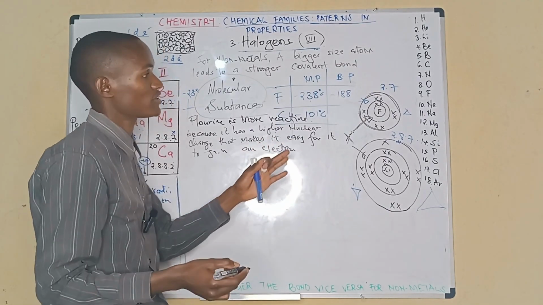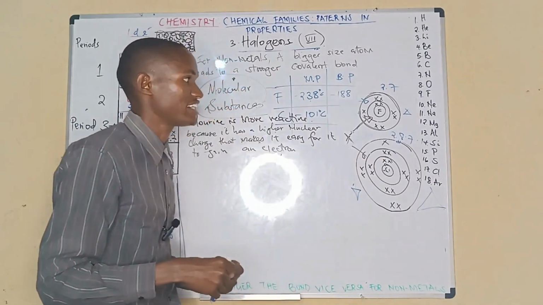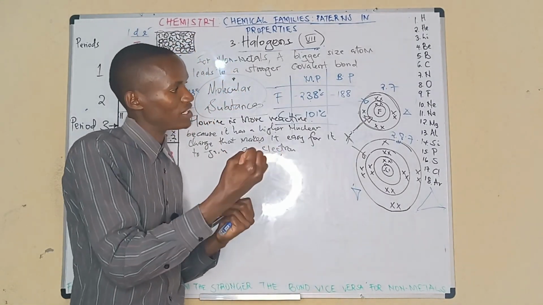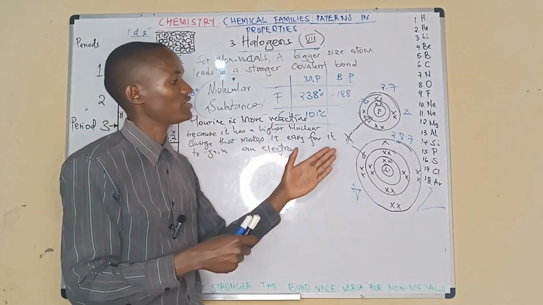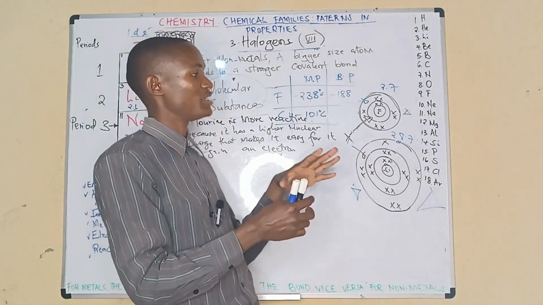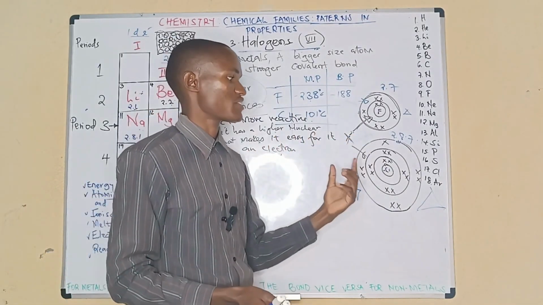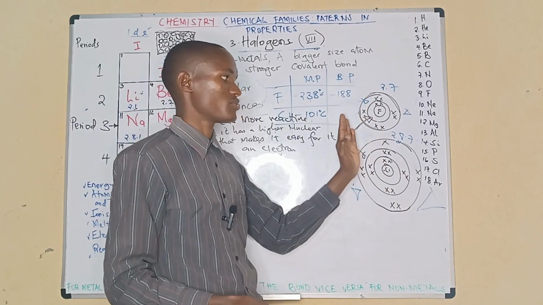Yes, it is easy for fluorine to gain an electron because it has a high nuclear charge. It is pulling its electron so much to the center that when an electron is introduced here, maybe by an element like sodium, it can easily gain it as compared to chlorine. So fluorine is more reactive.